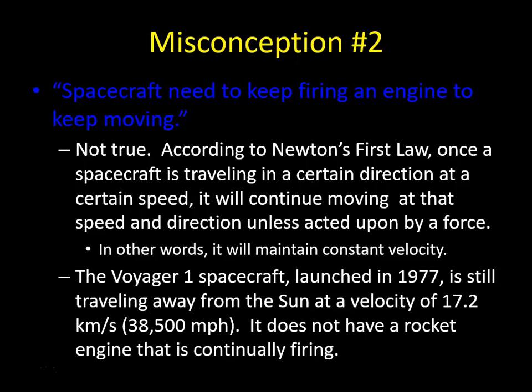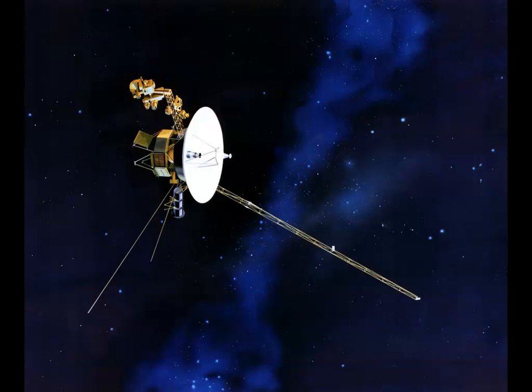Those are all on their way out of the solar system. They have reached escape velocity, and they don't need to keep firing an engine to keep going. In fact, after leaving Earth, only rarely did these spacecraft fire engines, and in those cases it was to redirect their motion or to help to achieve gravity assists from planets, which we'll discuss very soon.